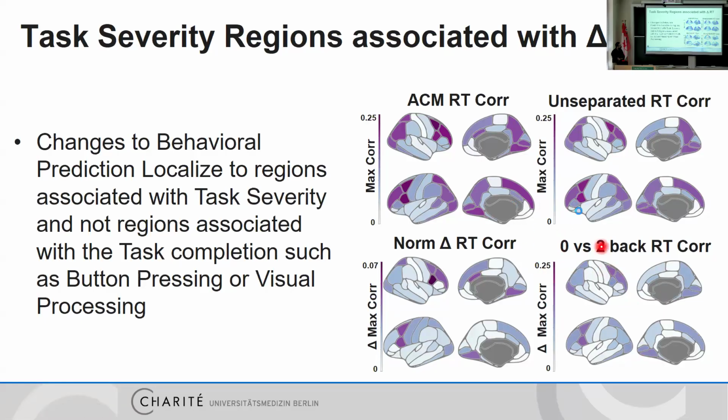But if you look at harder versus easier tasks, you find the brain areas that are more responsible for the increased load in cognition. And those regions in increased cognition match the areas that are driving this increase in correlation between the brain signal and the task performance. So this removing of these processes is highlighting the parts that we know already are responsible for processing these tasks. This is it for working memory.